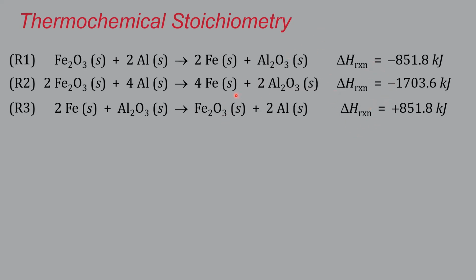So for example, what's the difference between reaction 1 and reaction 2? What do you do to reaction 1 to get reaction 2? And what's the relationship between the delta H for those? And likewise, compare reaction 1 and reaction 3. What's the relationship between these reactions, and what's the relationship between the heat that's given off? So hit pause, think about it for a sec, and come on back.